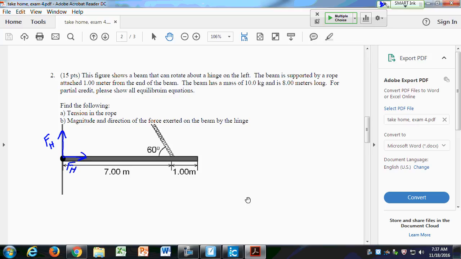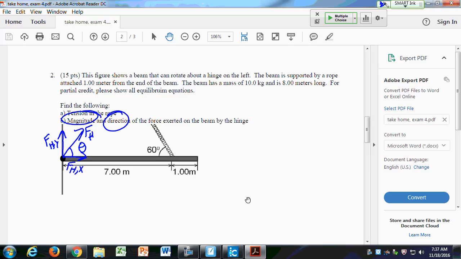That the force on the hinge in this case is neither in the x nor the y, that it's actually in both directions. So the force on the hinge is here, and then it has an x component and it has a y component. That's a very important part of this question. It also has some angle, we'll just call it theta. And you're looking for the magnitude of that force and the angle of that force.